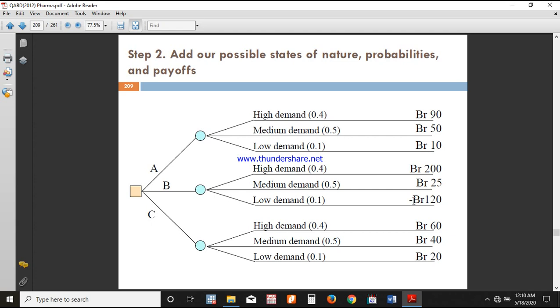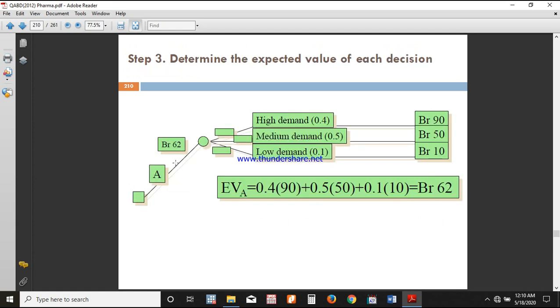For the second alternative, you bring 225 and minus 120, and you multiply each probability with its state of nature and sum the results to obtain the EMV for A: 0.5 times 50 plus 0.1 times 10, which will become 62.